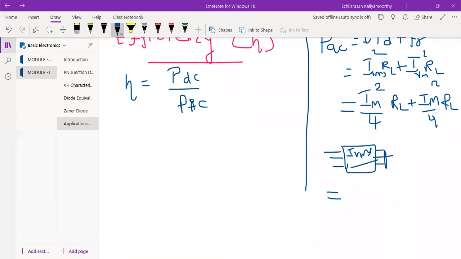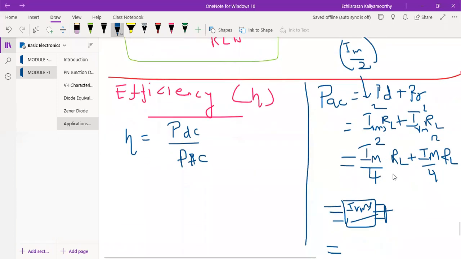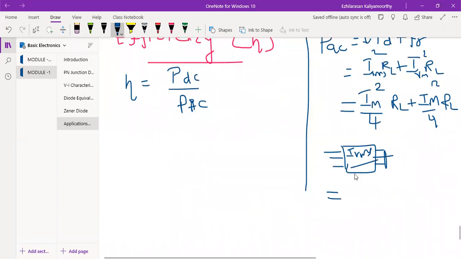If I add both, we get Im by 2, Im by 2. So in your PI, PD is out of the total AC power PI from the AC voltage source, and a part PD is dissipated at the junction of the diode, and the rest of the power PR is dissipated in the load resistance RL.